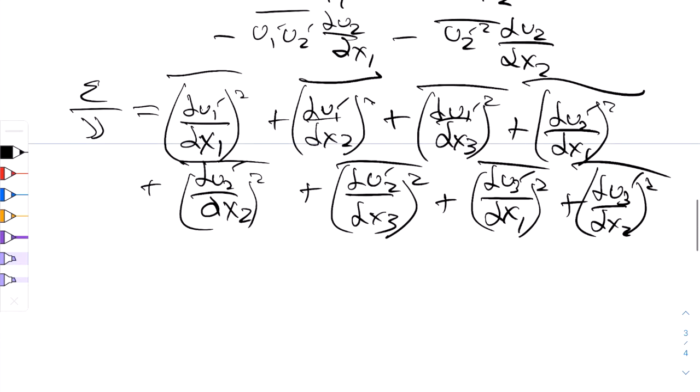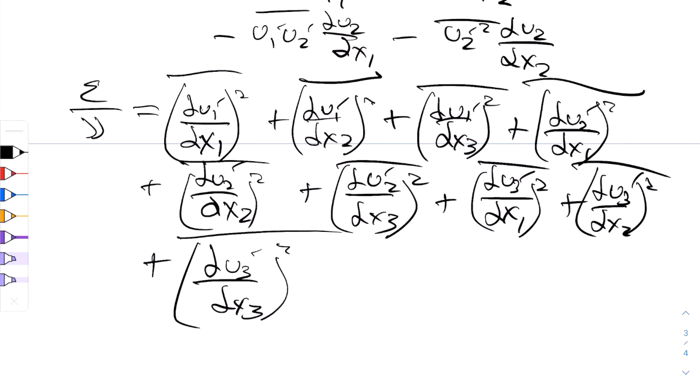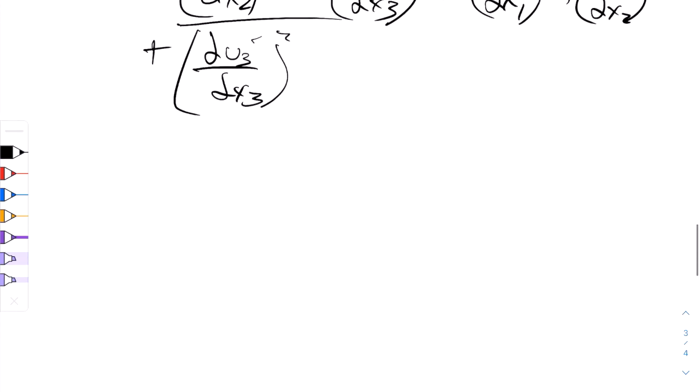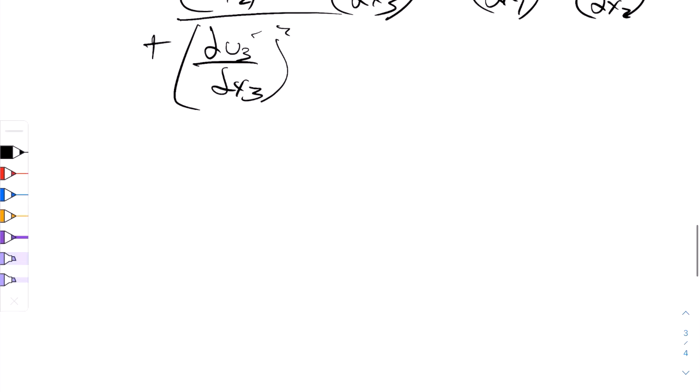And one more term, if you've been watching, you can figure out the pattern: partial u3 prime partial x3 squared bar. Wow, so that's it. Now, that's the two-dimensional assumption for the turbulent kinetic energy equation.